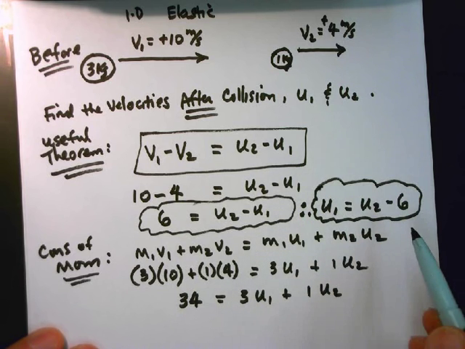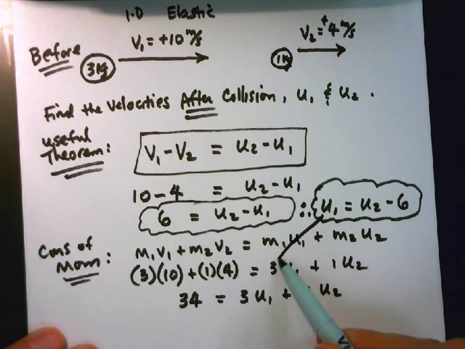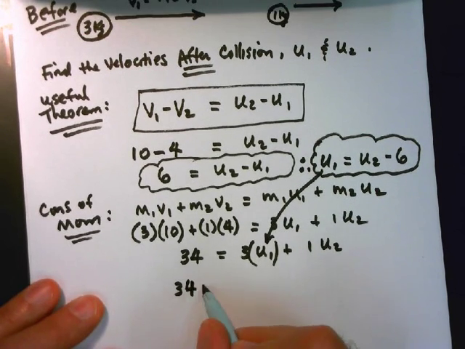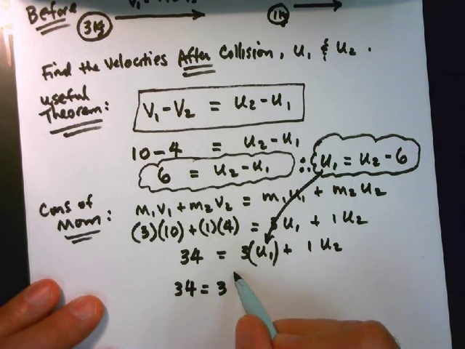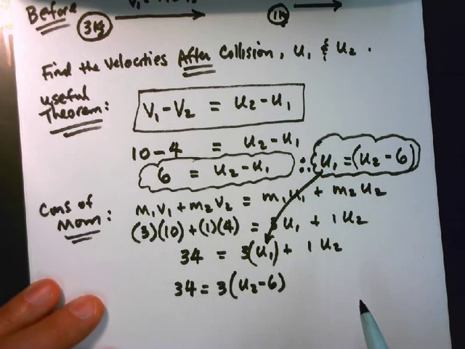Now we can substitute that in for u1. So we get 34 equals 3 times the quantity u2 minus 6, because we've substituted this in for u1, plus 1 times u2, or just u2.